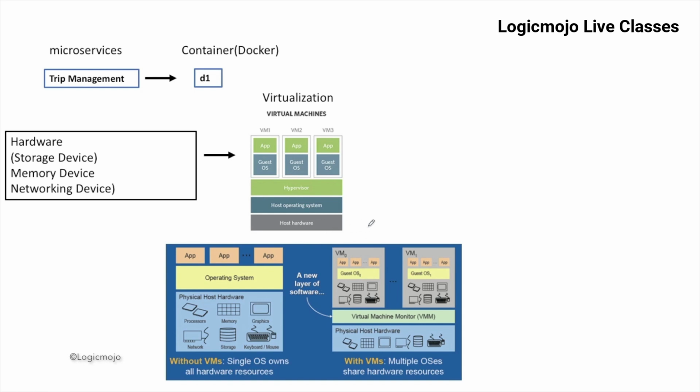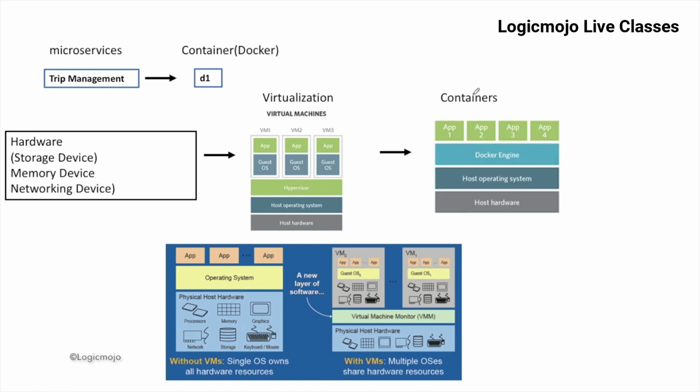Now the industry did further optimizations, and the next level is they introduced containers. In the case of virtualization, VMs require substantial resource overhead, such as memory, disk, or network input/output.